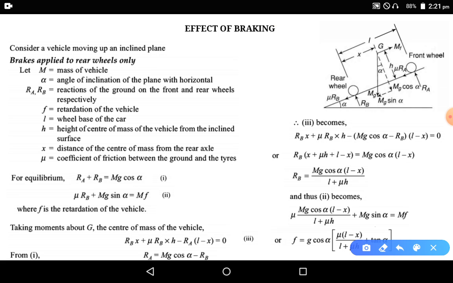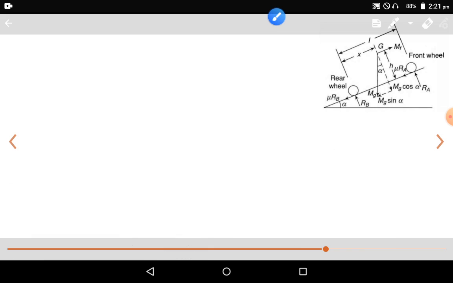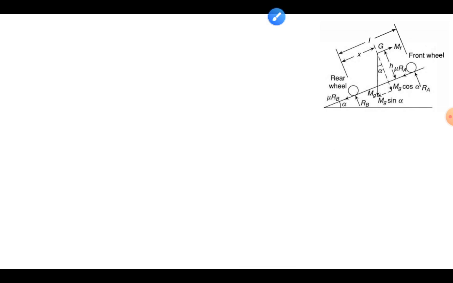So the value of retardation will be this expression, right? Okay, so let's move further. This was the value of retardation when the ground is level, or you can say the vehicle is moving on flat ground.